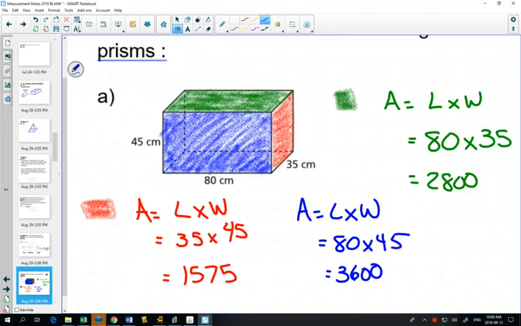And I would suggest sometimes in our notes, if you have different colored pens, you're going to find doing that in your notes helpful as well. Because when you look at it later, those colors are going to help you remember what we did. They also make you see really easily that this red matched up with this side, this blue matches with this side, this green matches with that side.